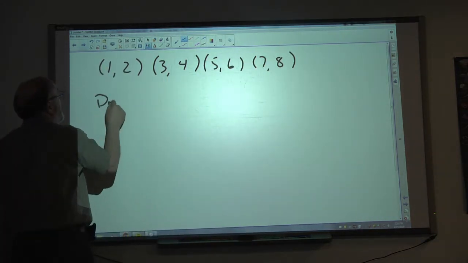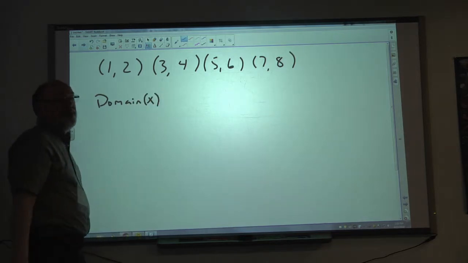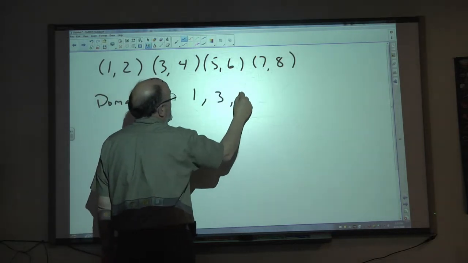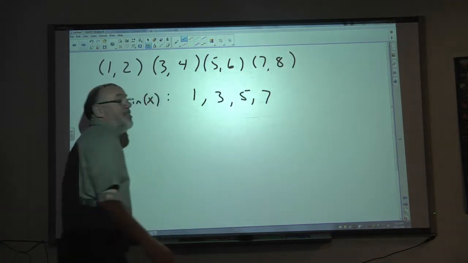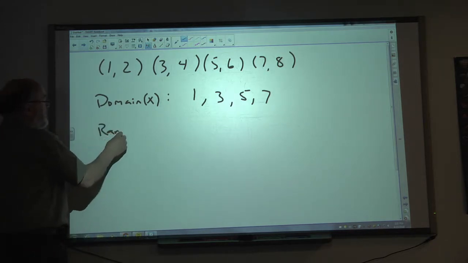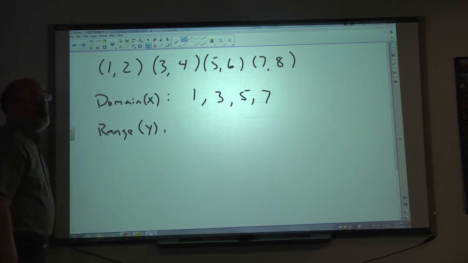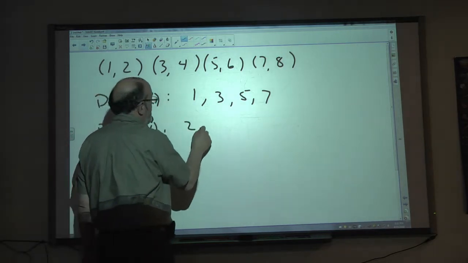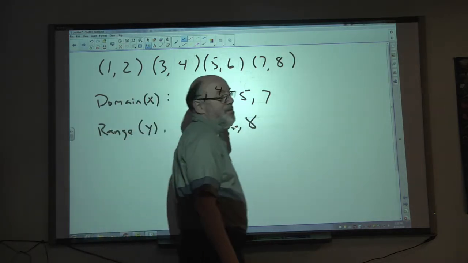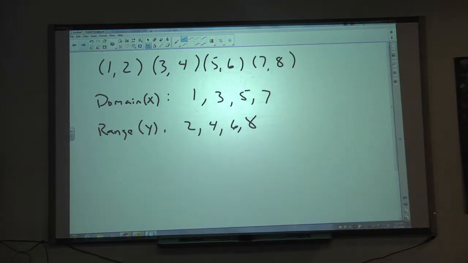The domain refers to the x values. So my domain here would be the numbers 1, 3, 5, and 7. And if I want to know what the range is, that refers to the y values, which in this case would be the numbers 2, 4, 6, and 8. So the domain was the x, the range was y.